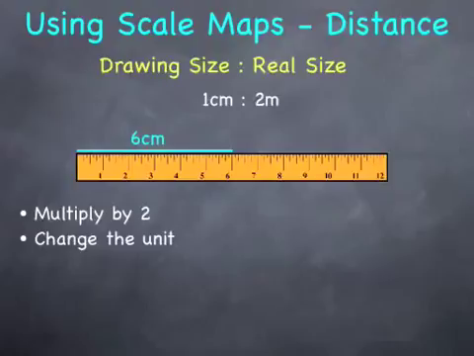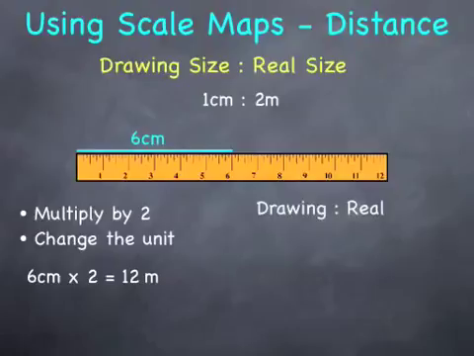So we're going from 1 to 2 in the scale of 1 centimetre to 2 metres. So we multiply by 2 and we change the unit from centimetres to metres. So we've got 6 centimetres times by 2 equals 12, and just change the unit to metres, and that's the answer. 6 centimetres on the map is 12 metres in real life.